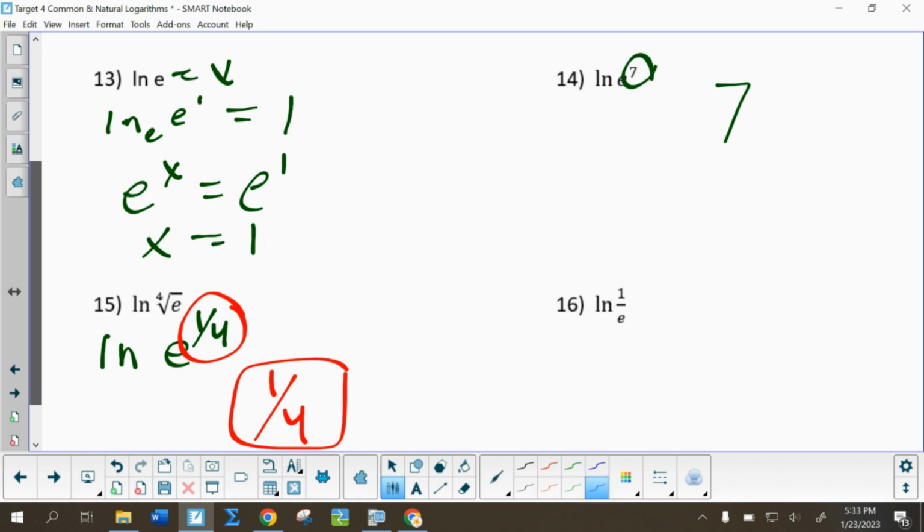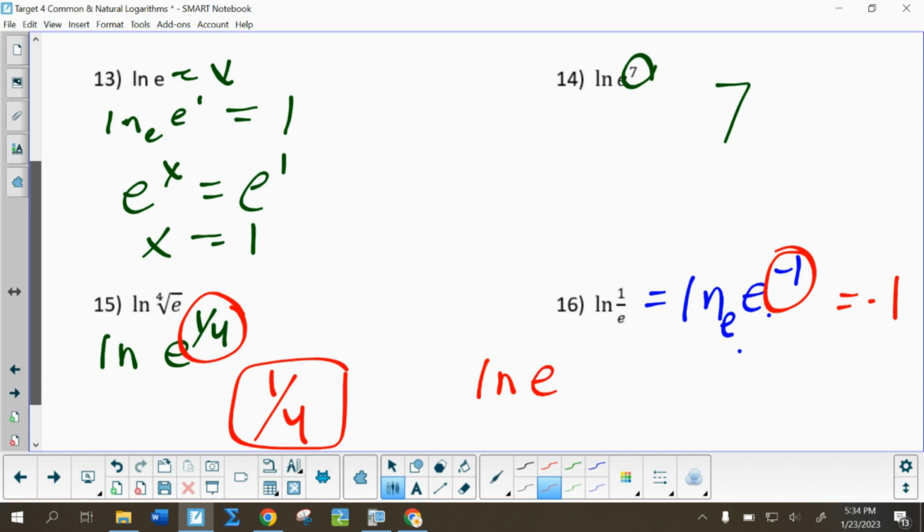And then for this one here, I'm going to rewrite it so that it's e to the -1 power, so that you can go, oh, the bases are the same. So that means that the exponent on that argument is the answer. So this is -1. But again, you can do this. So it's e to the -1 here equals x.